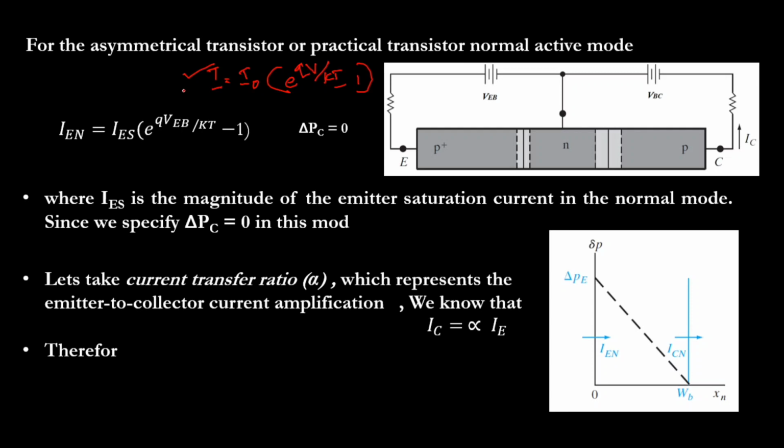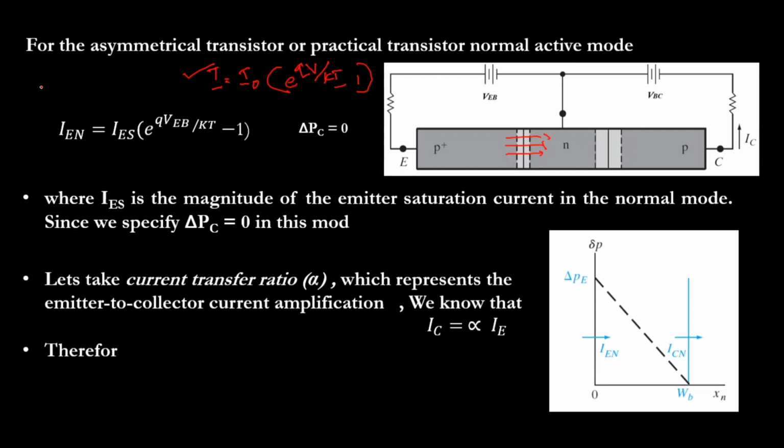So I am making use of these equations and I am writing the equation for this PN junction. This is basically a PN junction. If I consider only this as a diode, and I am applying forward bias to the diode, definitely there will be a diode current across this junction. Since it is a BJT, since we call it the emitter junction, I should also include that in the expression.